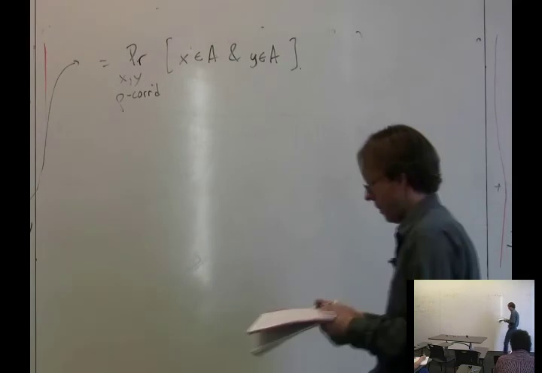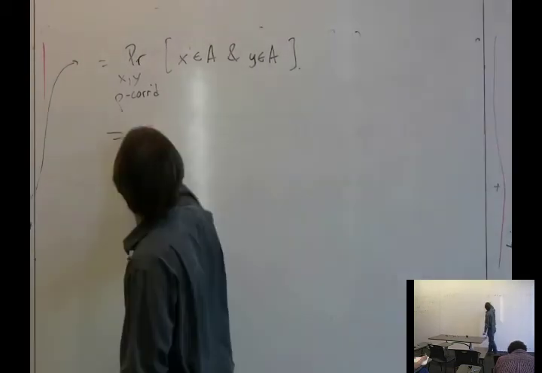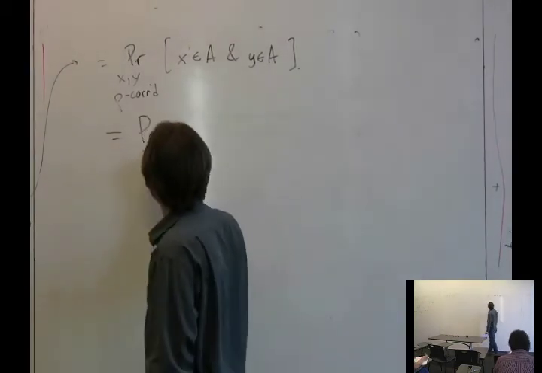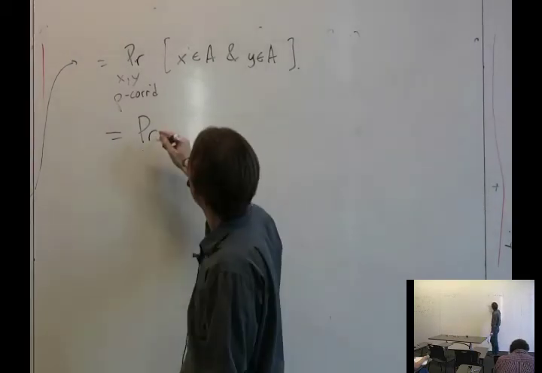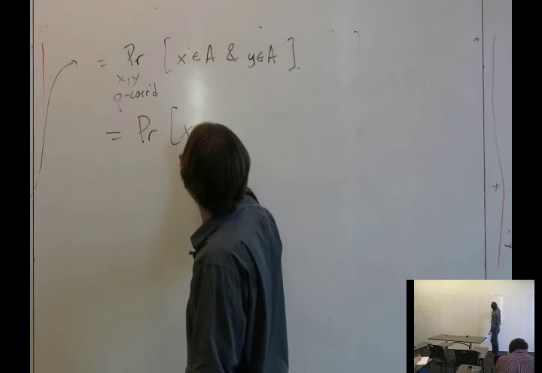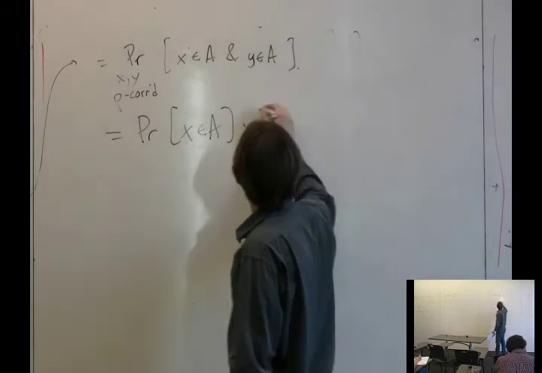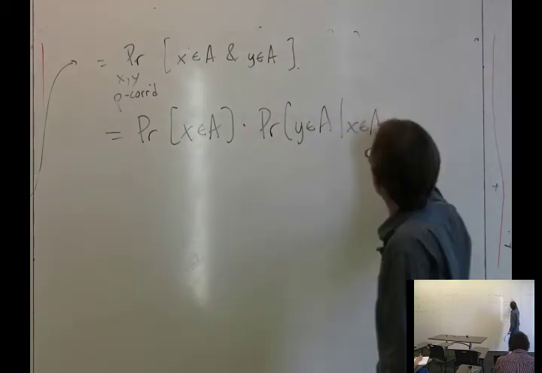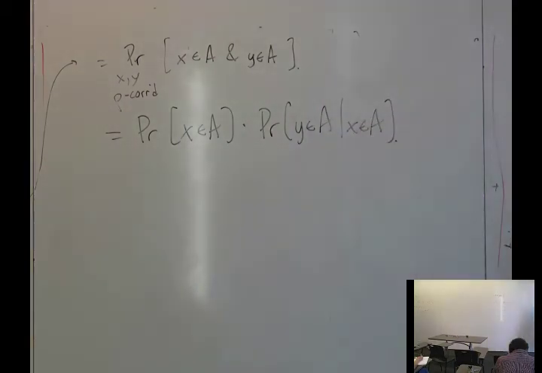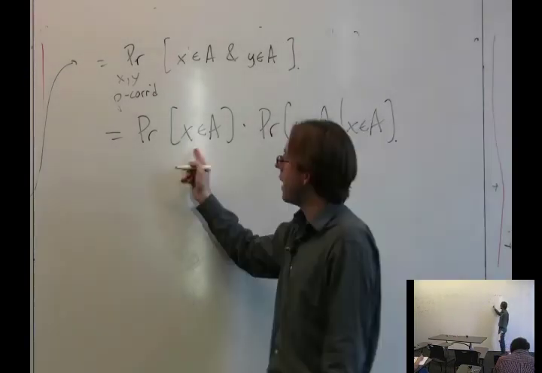And I may also write that like this. Let me just say it's the probability over x and y that x is in A times the probability that y is in A conditioned on x being in A. Okay, that's just by definition of conditional probability. And x is uniformly random, so this is just alpha.